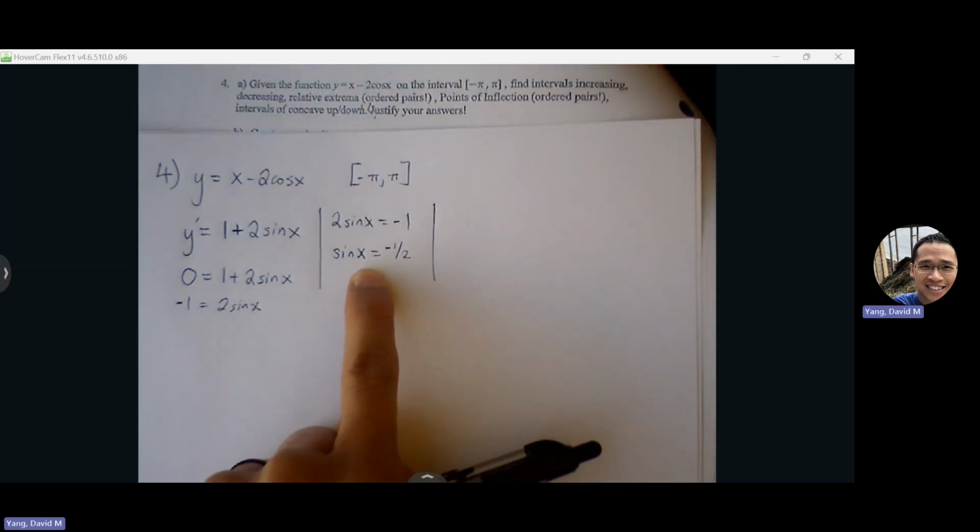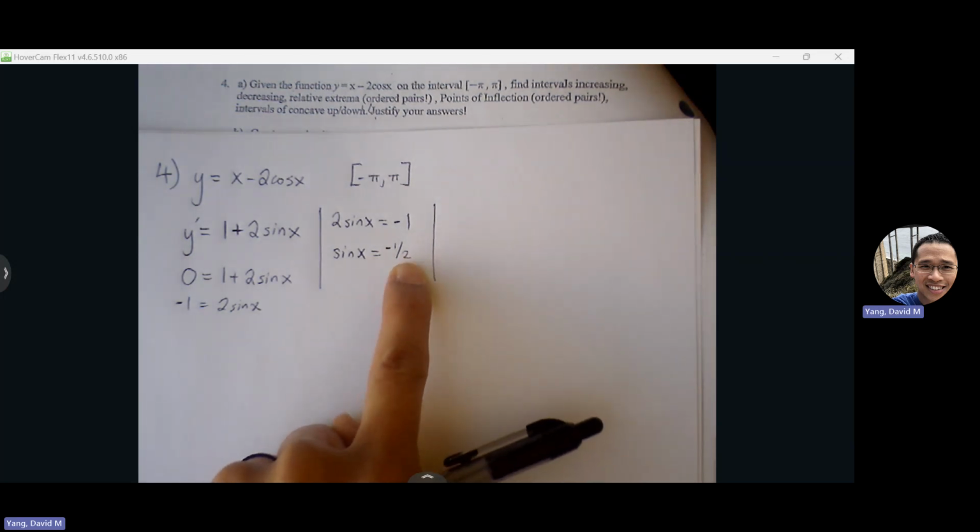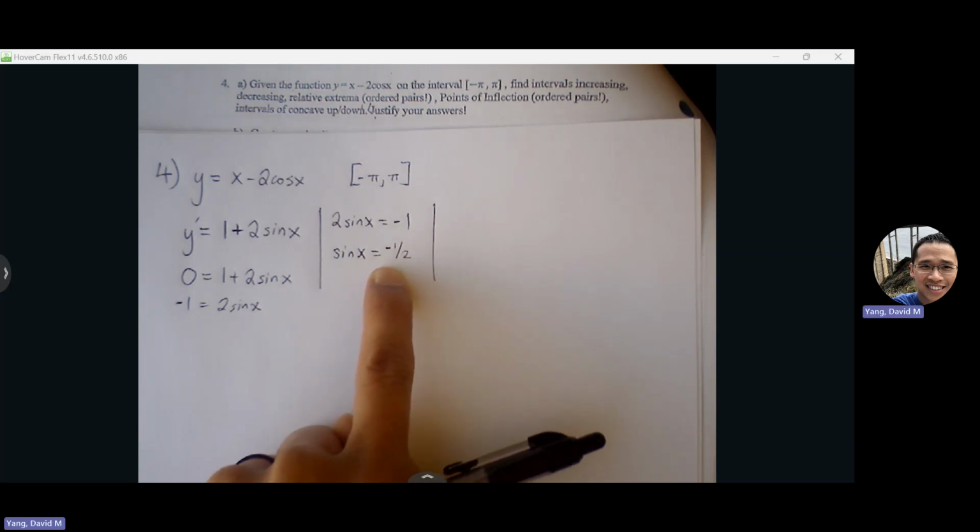We want to find what radian measure will allow sine to be equal to negative 1/2. It's going to be in that 5/6 family. Sine will be negative in the third and fourth quadrant.